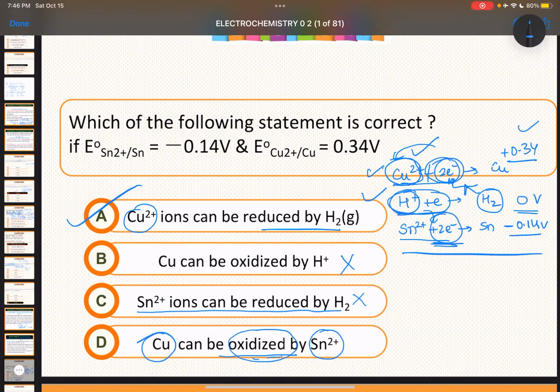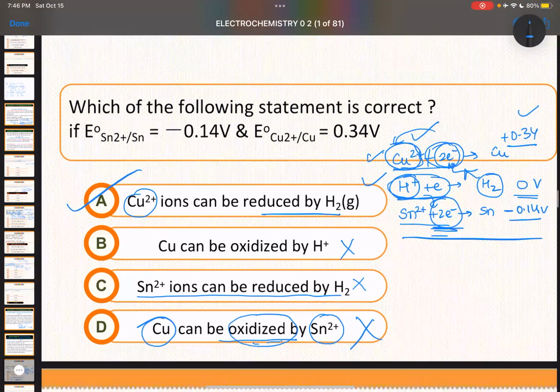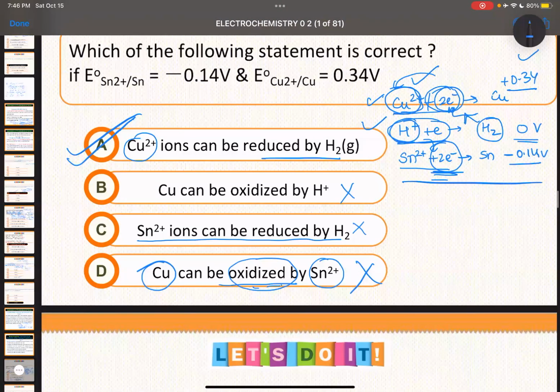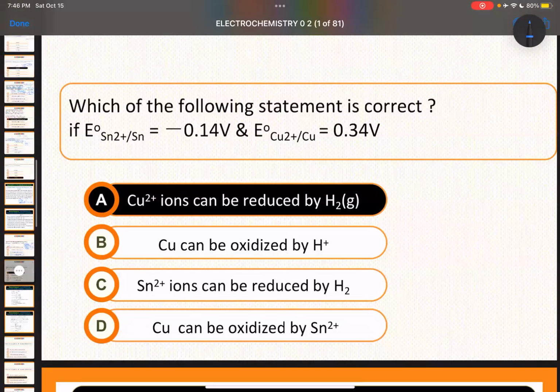How can it take electrons from the copper? Copper is more desperate to take electrons. So tin can't oxidize. So this is also incorrect. So option A is correct. Clear? Right? Yes. So you need to think in this way, and you will get your answer.